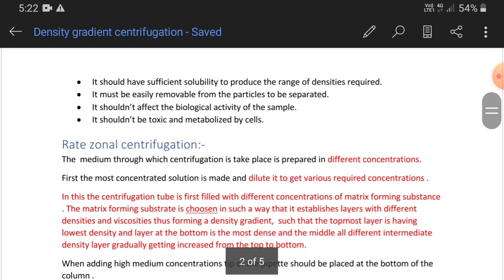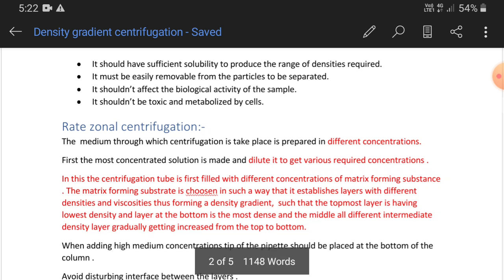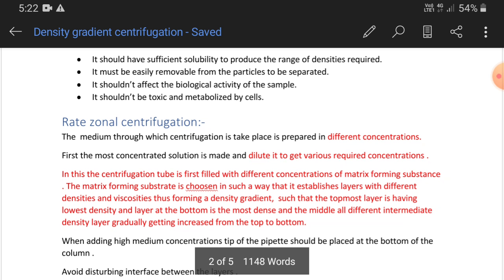In rate zonal centrifugation, the important thing is that the column will prepare the gradient before centrifugation, and there are precautions you have to keep in your mind: when adding high concentration media, you have to insert the tip of the pipette at the bottom of the column without disturbing the different kinds of layers, the interface between the layers, okay.